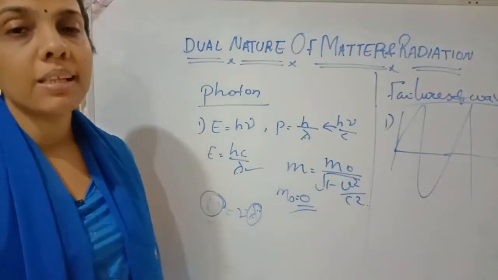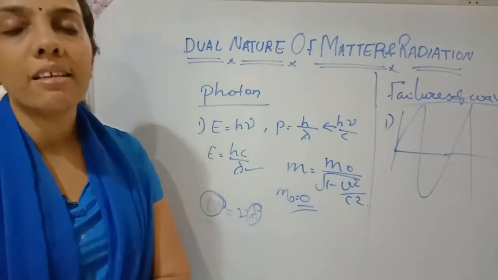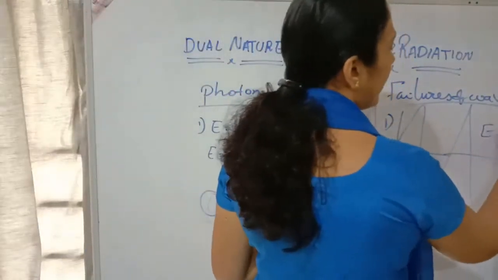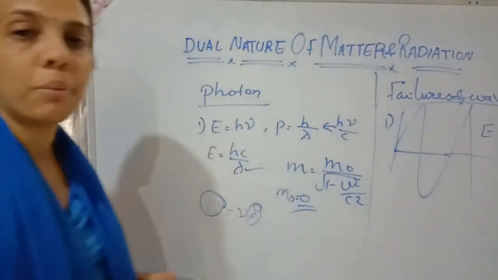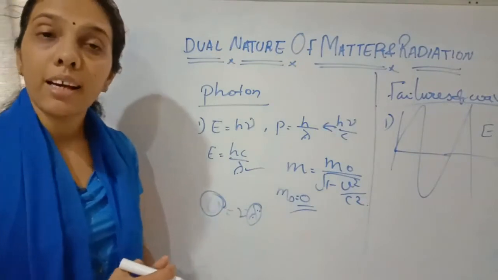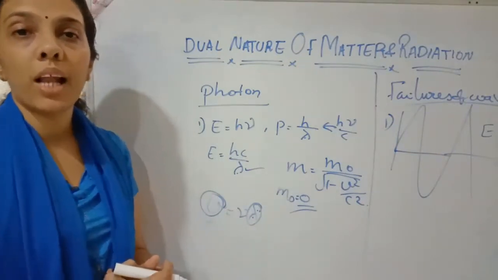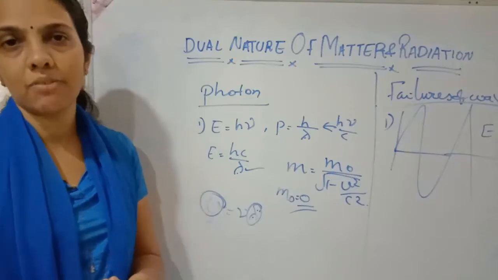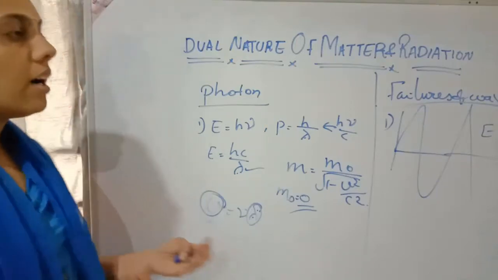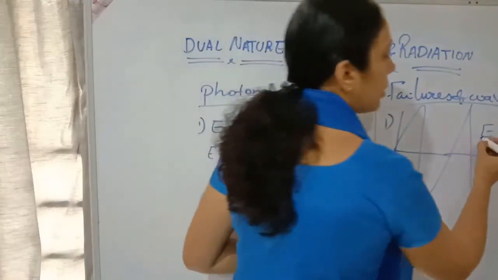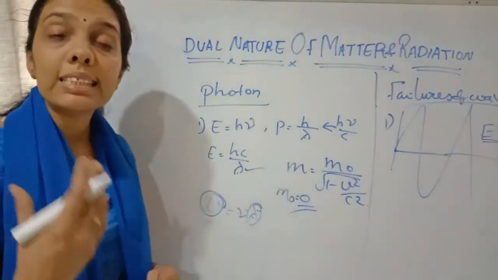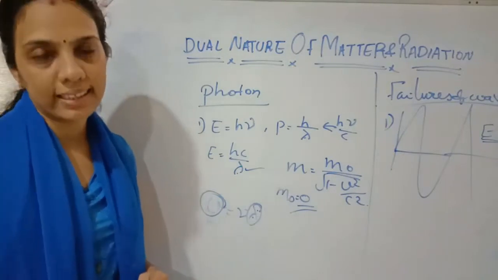Amplitude increasing means what will happen? Yes, energy is increasing. Amplitude increases means energy will increase, so the energy of the photon will increase. If the energy of the photon increases, more photoelectrons will be emitted. So here it depends on the intensity: the energy of the photon depends on the intensity of the incident radiation.